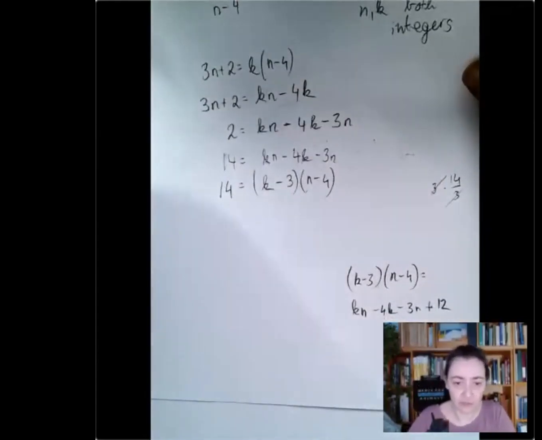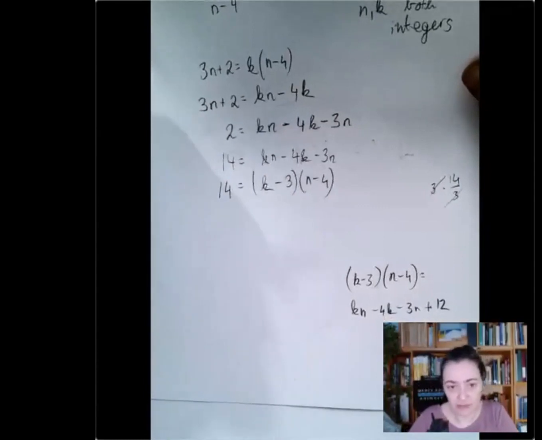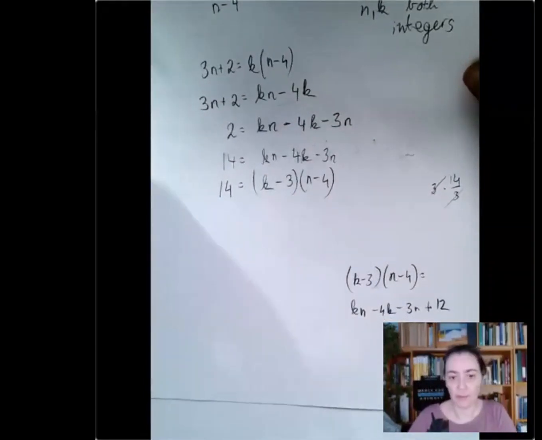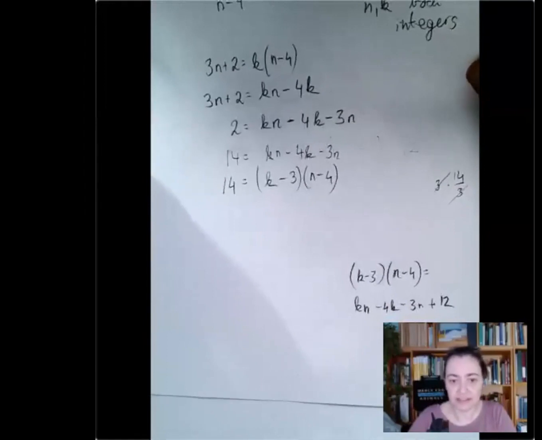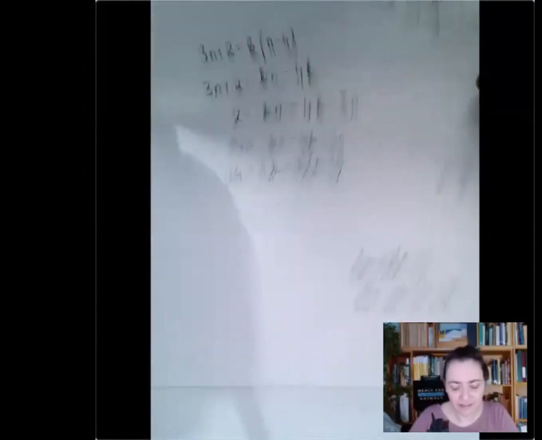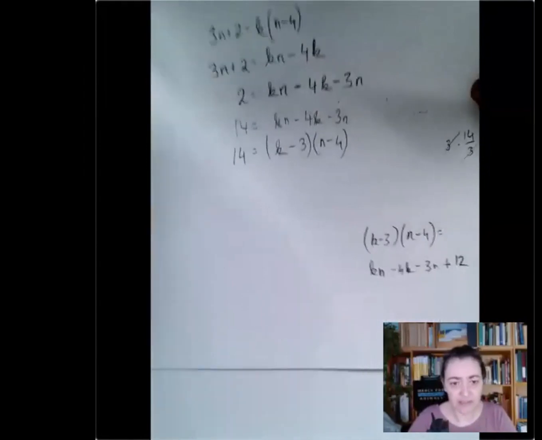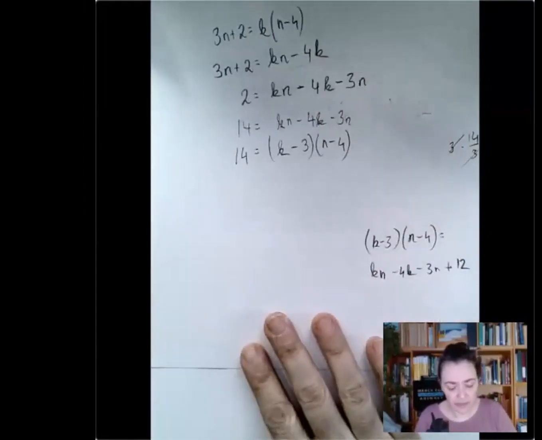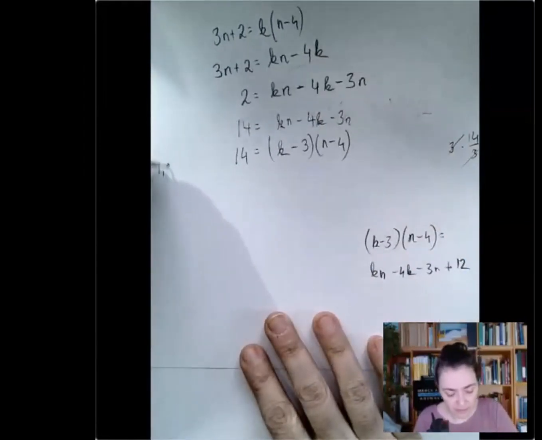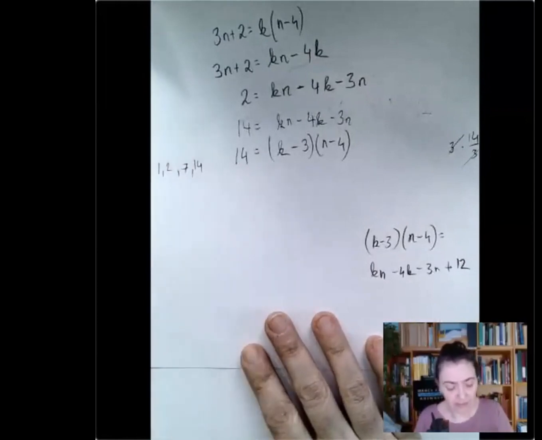Pretty much every non-zero number, you take its reciprocal times 14 and it will work. But among integers, now that's a very finite list, right? Not a lot of ways you can express 14 as a product of two integers. In fact, it's 1 times 14, 2 times 7, that's it.